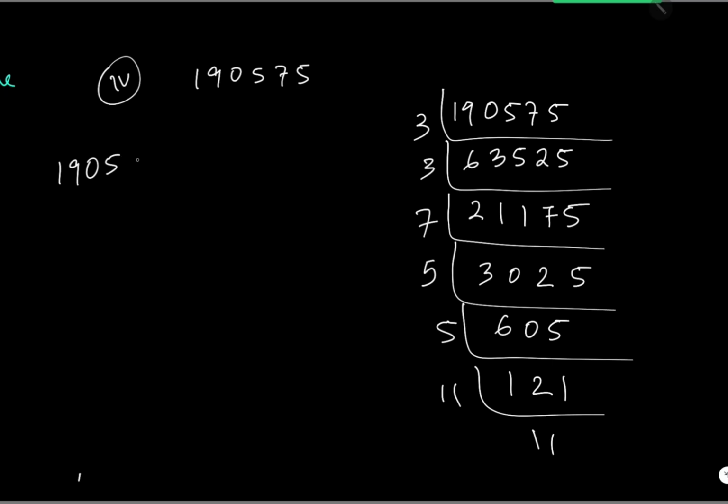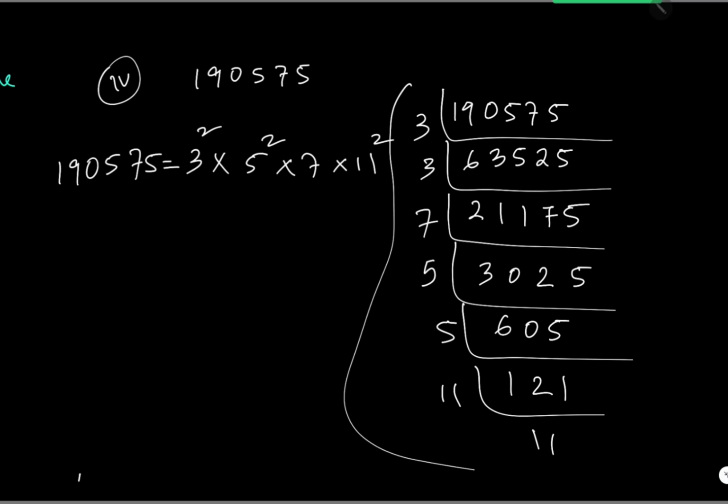But we will have to arrange this in ascending order. So 3 will come first, after that 5, 7, and then 11. 3 occurs twice, 5 occurred twice, 11 occurred twice. So this is the answer.